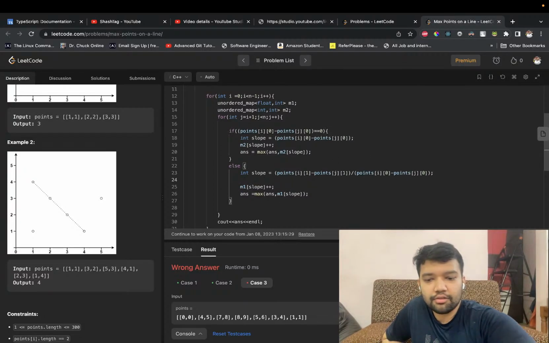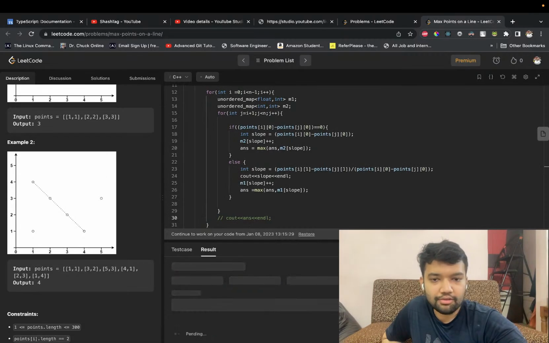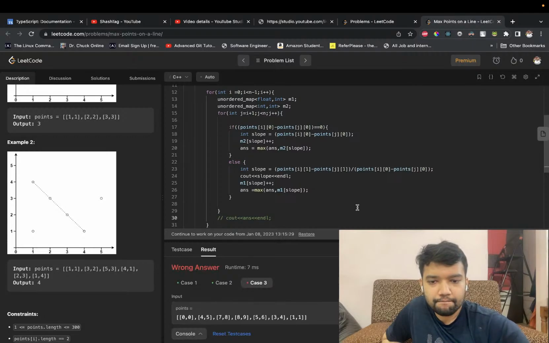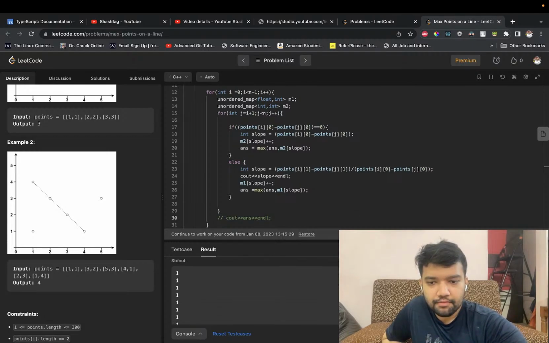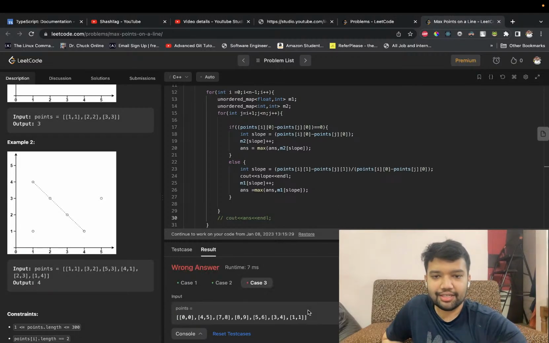Now, what are we getting as the slope? Let's just comment this out for once so we don't have any problems. So we are getting slope as 1 each and every time, and that's the problem. Why are we getting slope as 1?